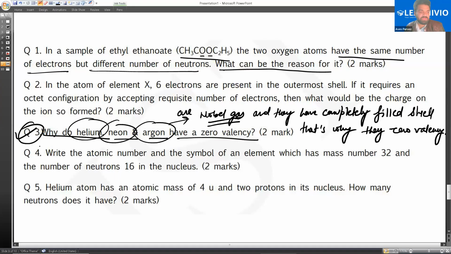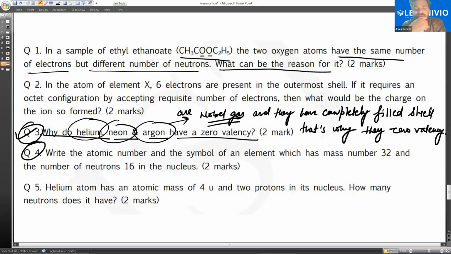What should be the answer for question number 4?